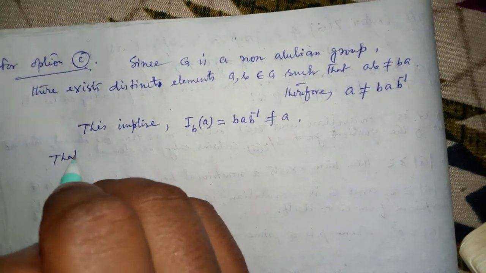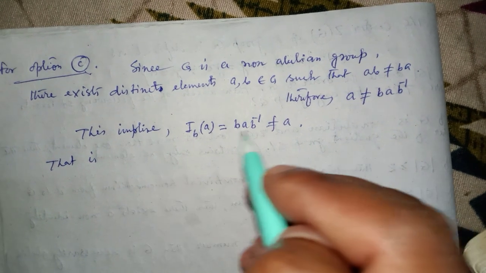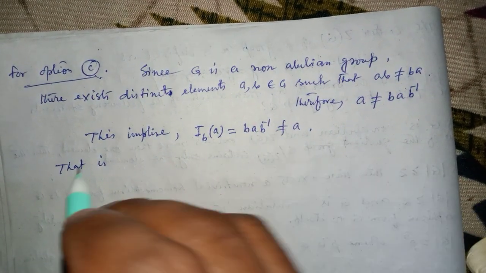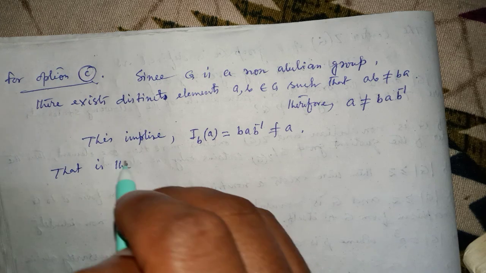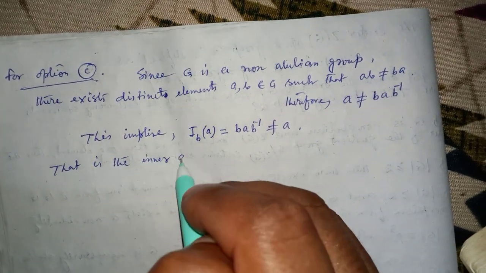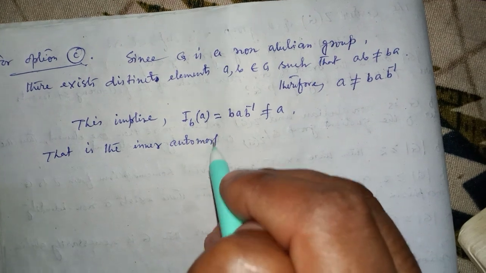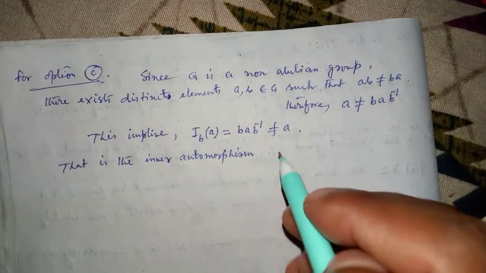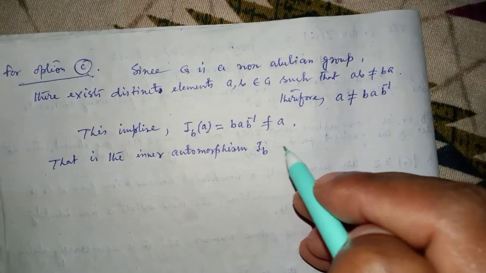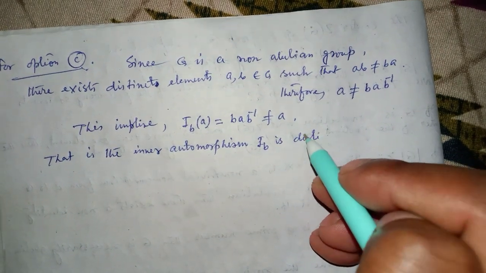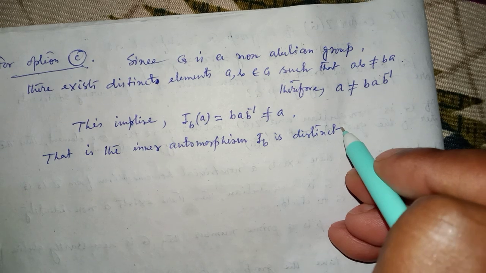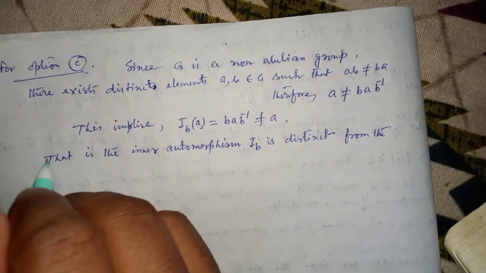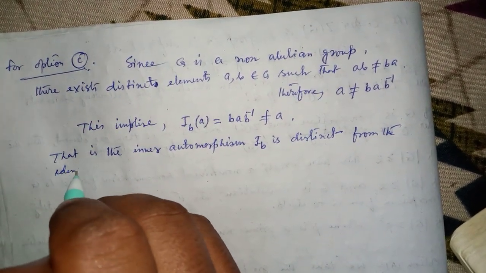That is, I_b of a equals b a b inverse, which is an inner automorphism. The inner automorphism I_b is distinct from the identity automorphism.